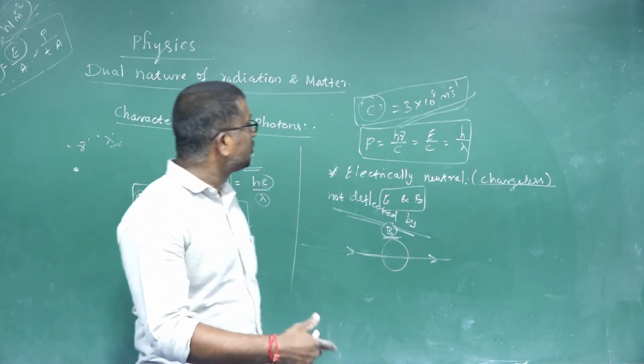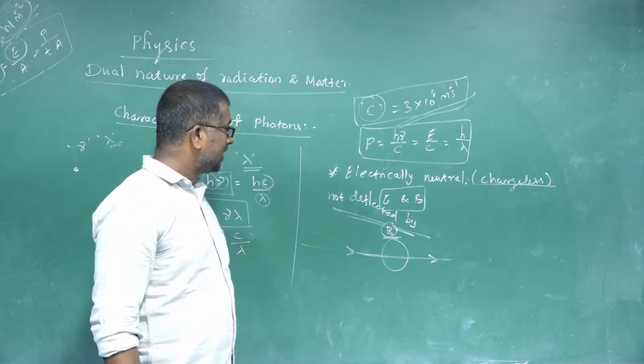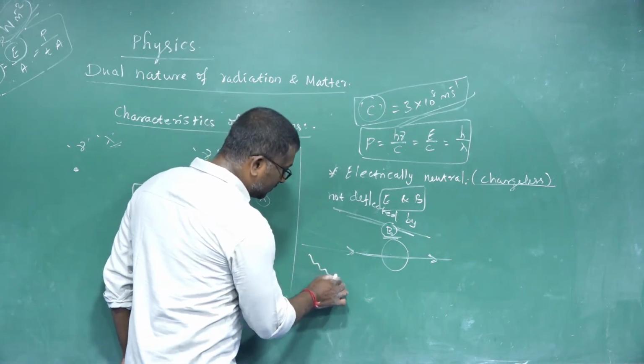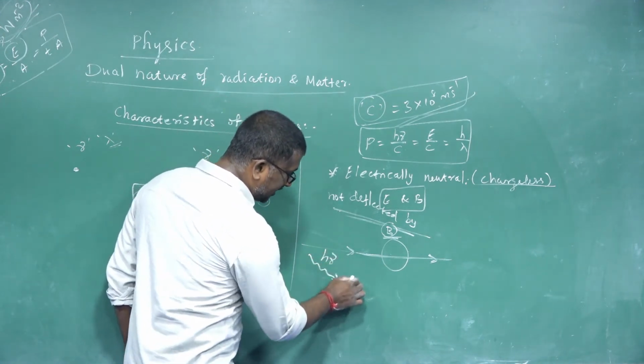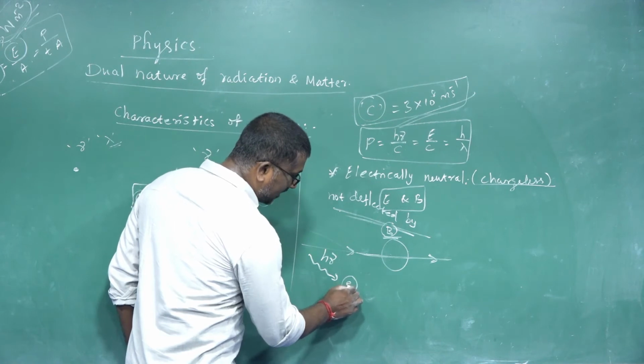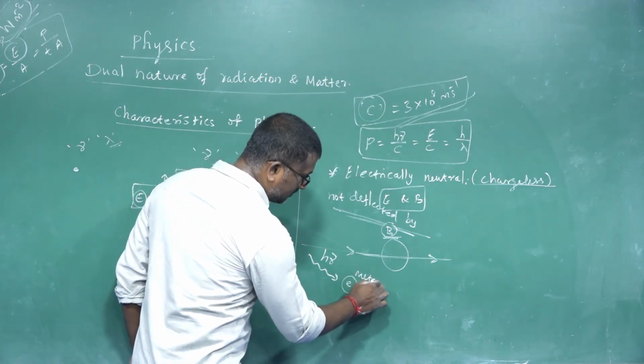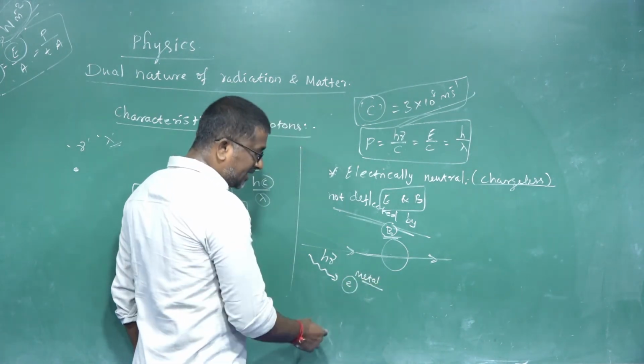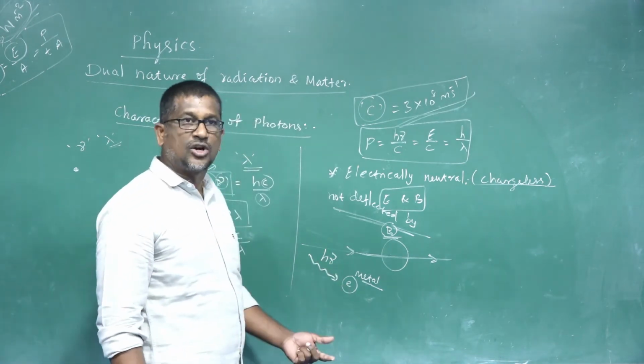And next, when the photon interacts with any matter, for example the electron in the metal. So there is a metal which consists of a large number of electrons.